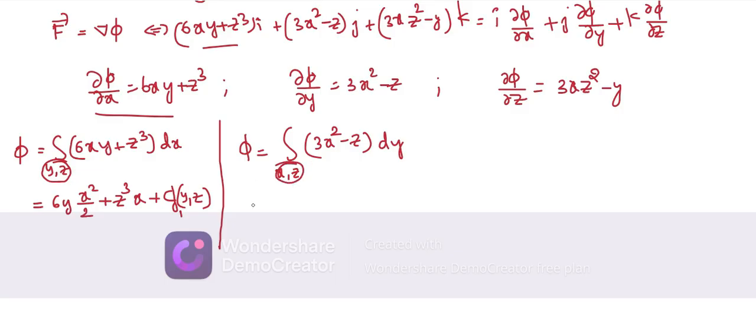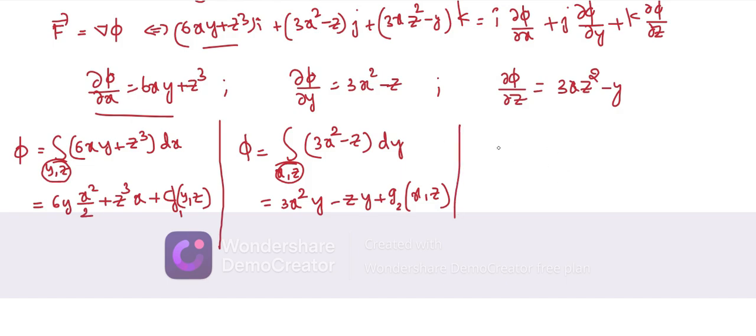So 3x square is constant, the integration of 1 with respect to y is y, minus z is constant, the integration of 1 with respect to y is y. Plus we need to write the integrating constant. Here x and z are constant, so it must be a function of x and z. Let it be g2 of x and z.